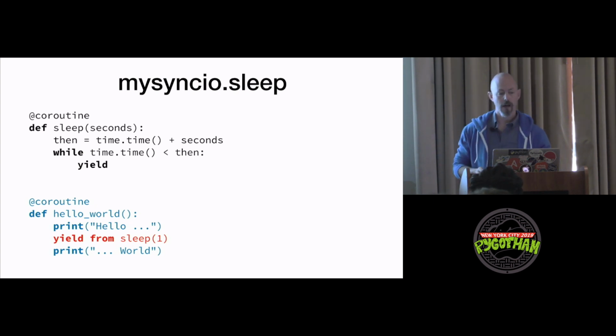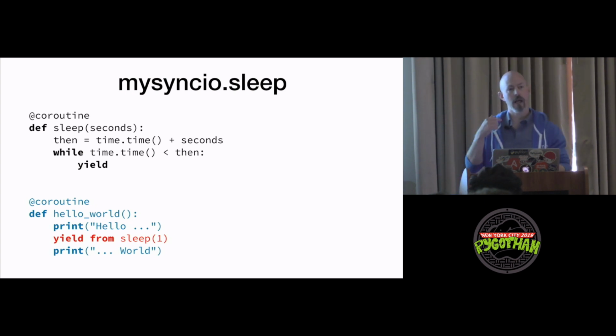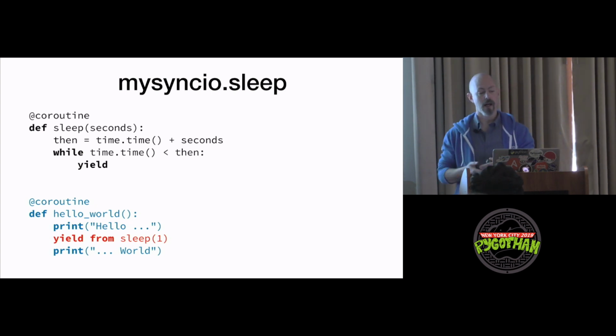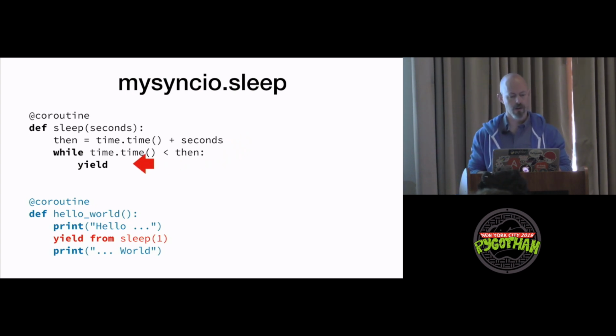The first thing it does is it calculates when in time it should stop yielding, and then every time it's driven by the event loop, so every time it's yielding, it checks the current time against the time it should finish. And if you haven't reached that time yet, it continues to yield because it blocks until that point. And then eventually it returns to allow control to pass to the calling coroutine again. And I've just realized I'm going to have to click through a bunch of arrows because I had those lines highlighted.